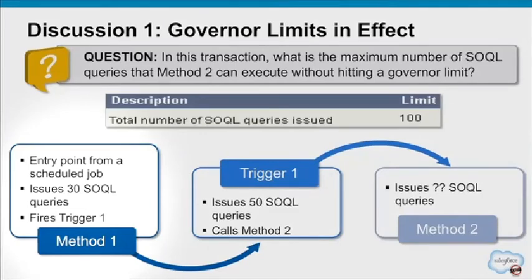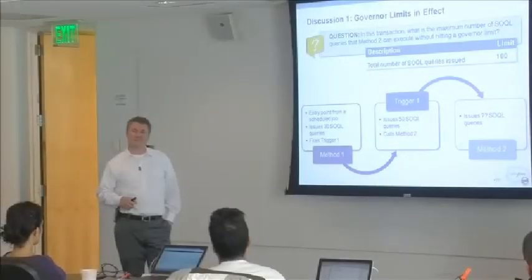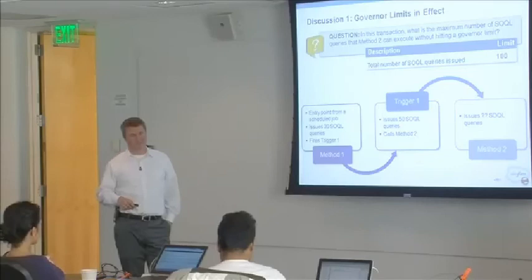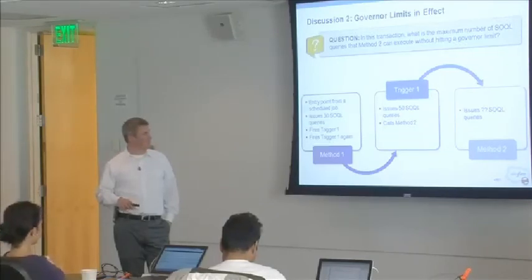It issues 30 SOQL queries. It then also must do some DML because it fires off a trigger. This trigger issues 50 SOQL queries. It then calls this method over here. How many queries could I run? 20, yeah, okay, very good. All right, so 100 minus 80, 20.